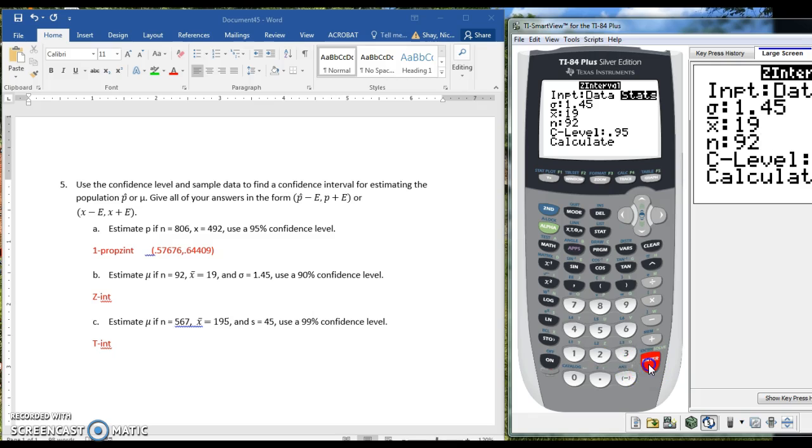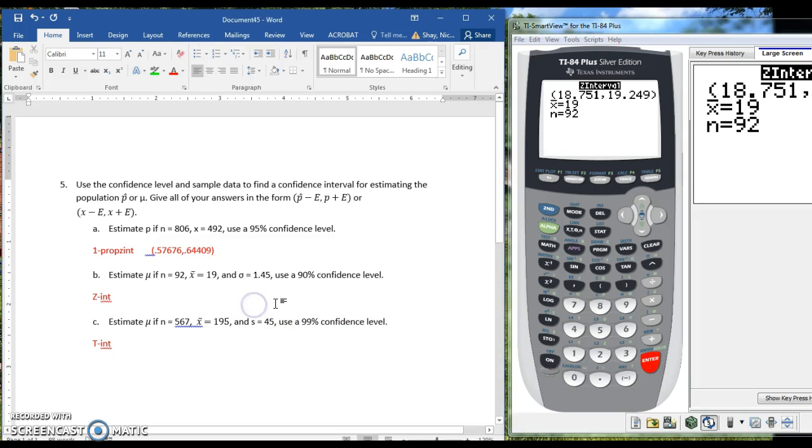That's N. Our confidence level this time is 0.90, and we're going to calculate that, and there is our confidence interval for the mean. So we are 90% confident that the mean is somewhere in between these 2 numbers. And we might need to round those, but okay, so that one's when we have sigma, when we know the population standard deviation.